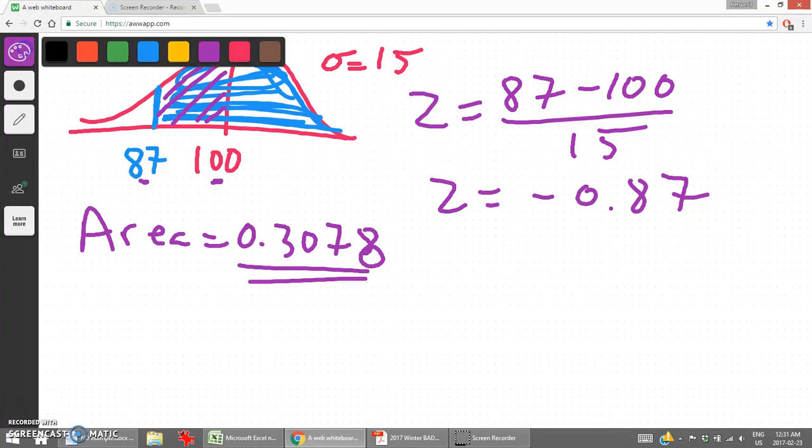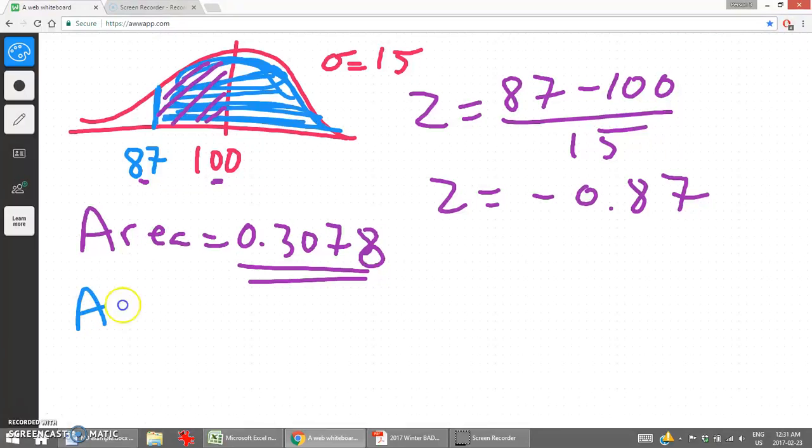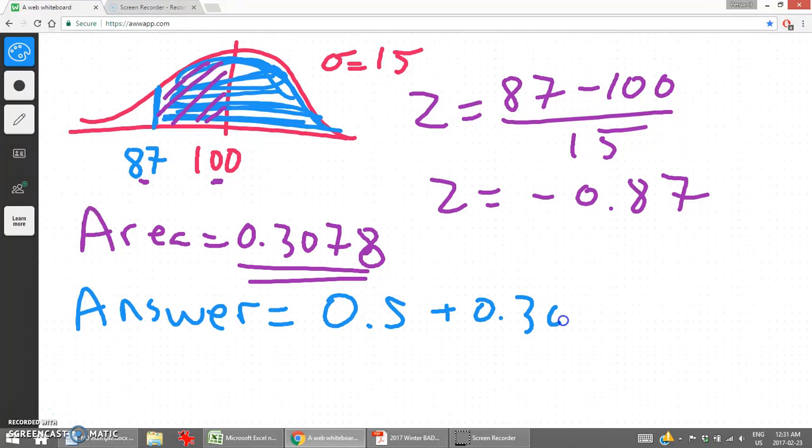To get our final answer, step 3, would be 0.5 plus 0.3078, which would be 0.8078.